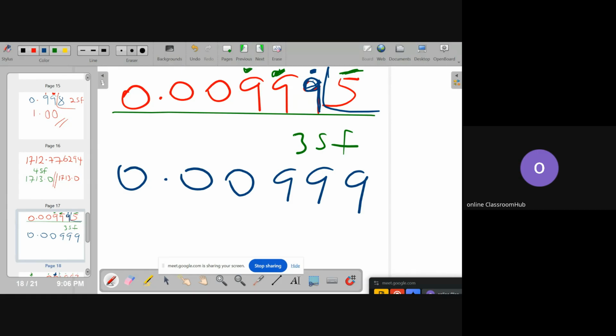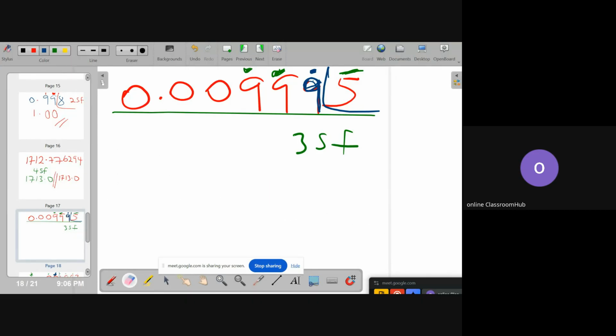But because it is 5, you have to make it 1 and add it to the bus stop. So if you make it 1 and you add it to the bus stop, which is 9, it becomes 10 over there. And you cannot write all the 10. So you write 0, then the carry 1, you push it to the next family member. Then this 9 will become 10.